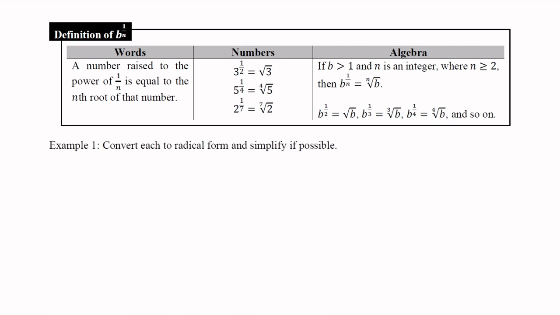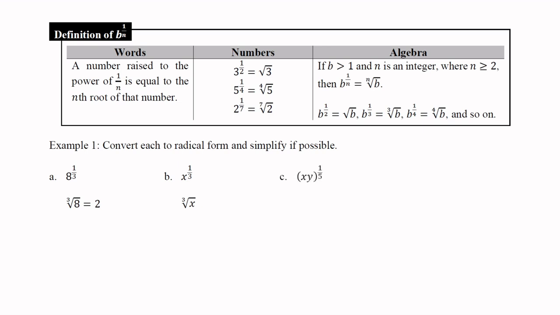So for this example, let's convert each to radical form and simplify if possible. So let's start with 8 to the 1/3. 8 to the 1/3 is the same as the cube root of 8, which is equal to 2. x to the 1/3 is the same thing as the cube root of x.